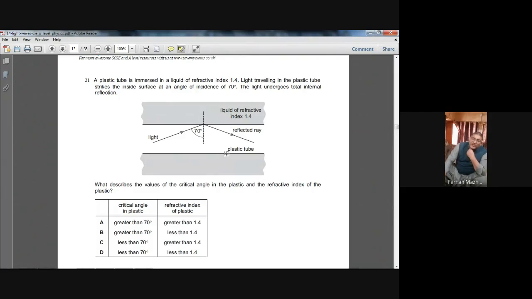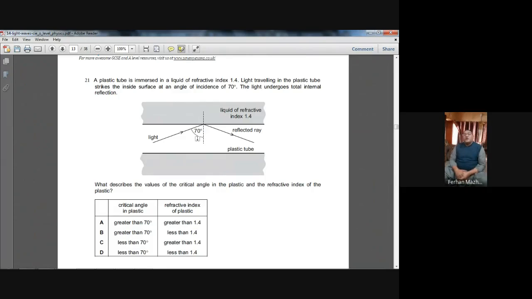This plastic tube should have more refractive index as compared to the outer layer. So the refractive index of the plastic should be greater than 1.4.